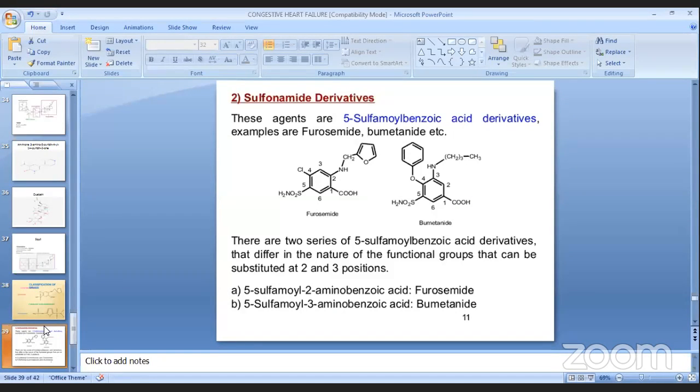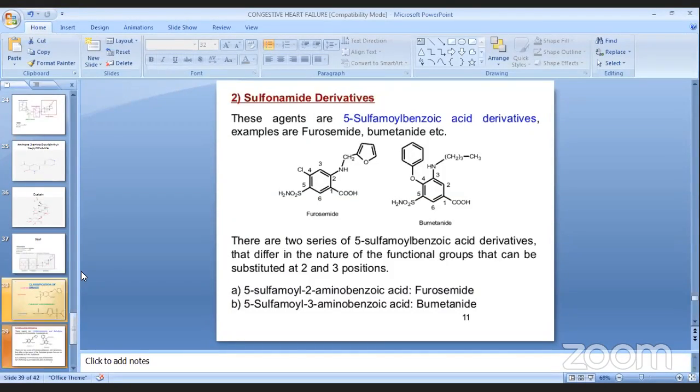And in the two position of furosemide, an amine group is there. So 5-sulfamoyl, 2-amino benzoic acid is furosemide, and 5-sulfamoyl, 3-amino benzoic acid is bumetanide.